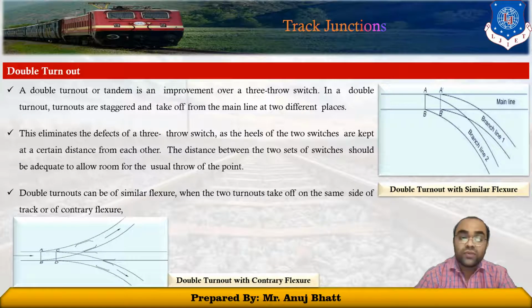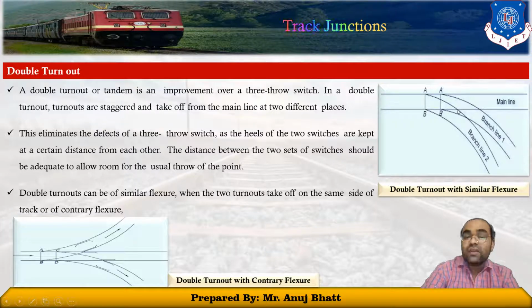The double turnout can be of similar flexure when the two turnouts take off on the same side of the track. So this is the double turnout with similar flexure, because it is going in a similar direction, while this is the double turnout with contrary flexure. Those are diverted in different, opposite directions. Clear?